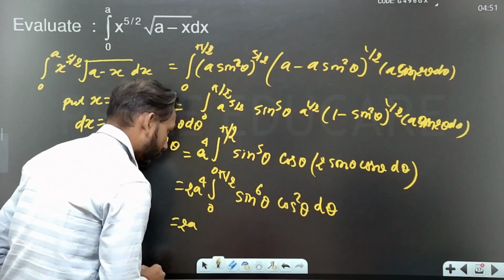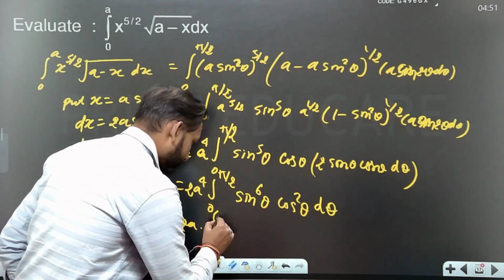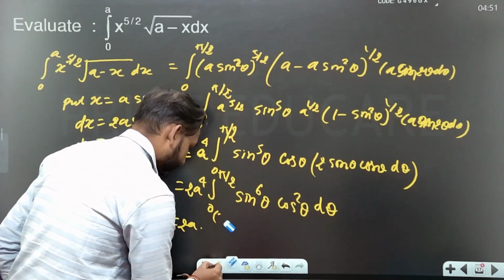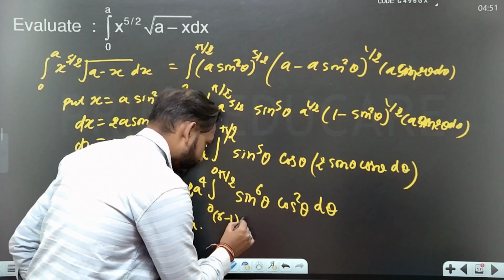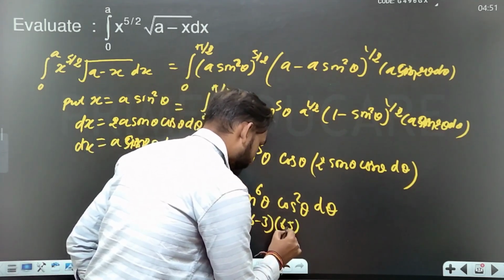And 2a equal to what we have? We have m minus 1, like 6 minus 1, 6 minus 1, and 6 minus 3, 6 minus 5, right?